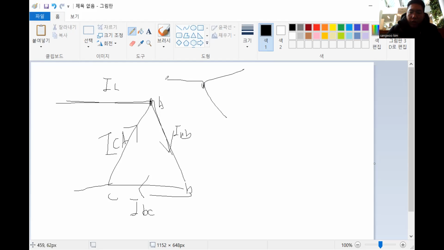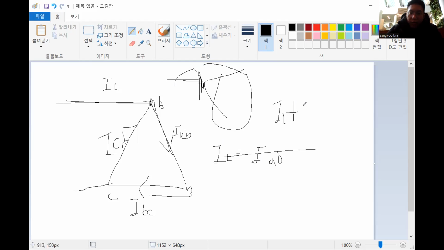Here is zero, but this current here and these two are the same. So we can say I_L plus I_AB equals I_CA.